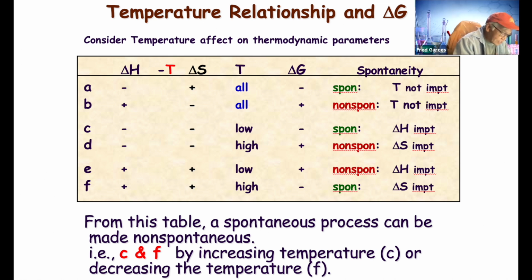When they're both positive, that's what you see right here, then what happens again? At low temperature, T delta S becomes negligible because you're multiplying by a small number. And the fact that the enthalpy is endothermic means that it's not a spontaneous process at low temperature.